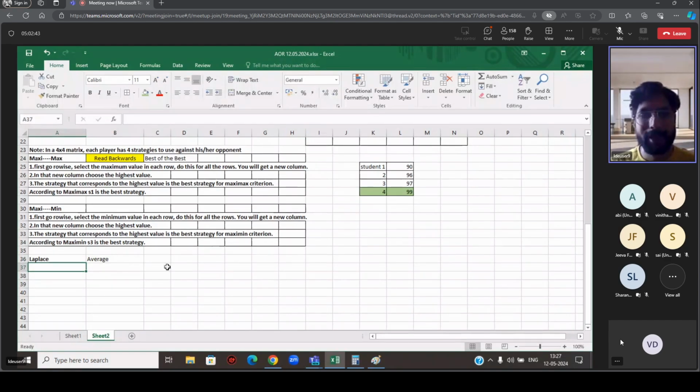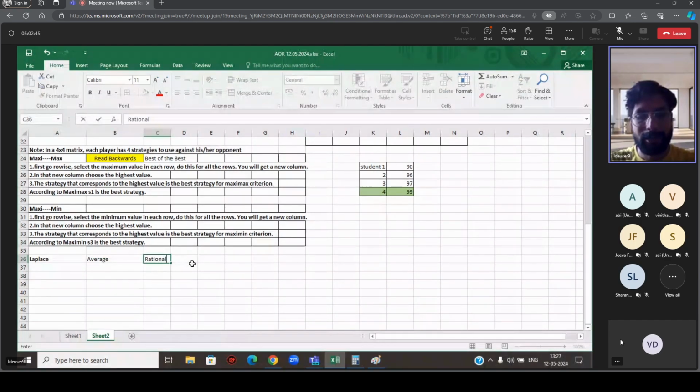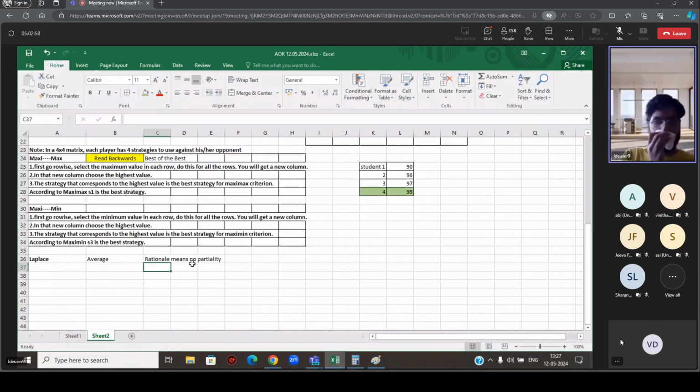What do you mean by rational? Rational means no partiality.